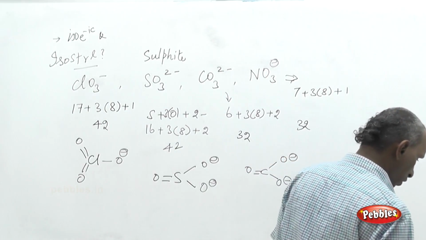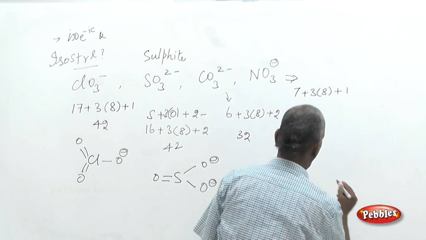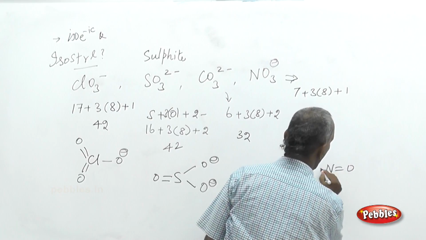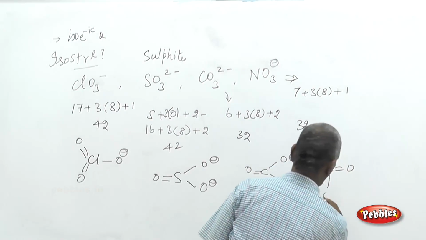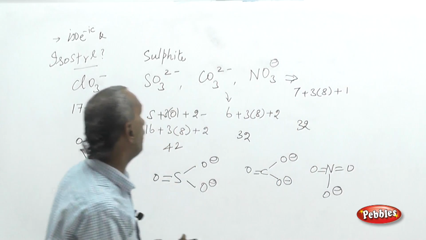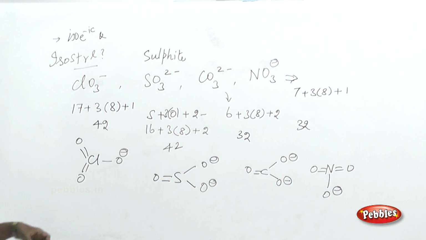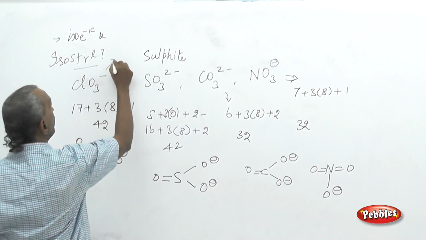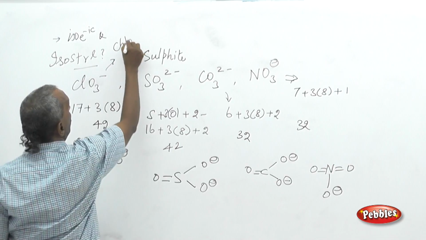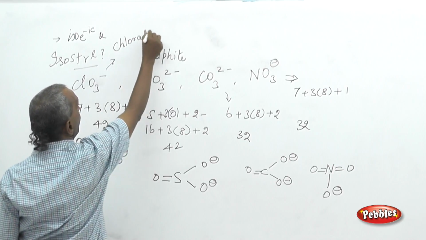Nitrate, the structure of nitrate. This is the structure of nitrate. So, everywhere it contains linkages depending upon the negative charge. Chlorate, so you have to be careful about the spelling: CHLORATE, chlorate.